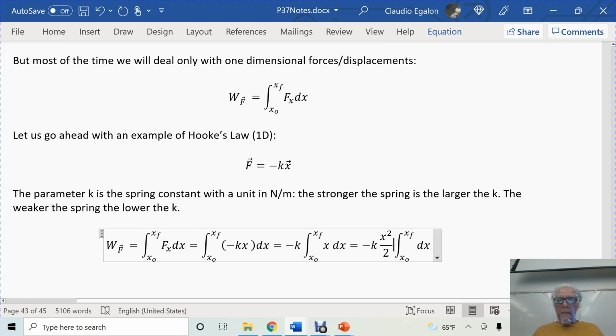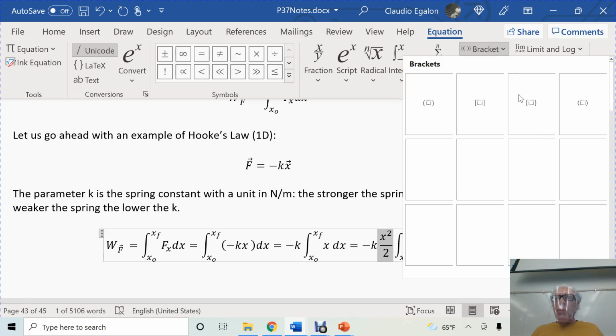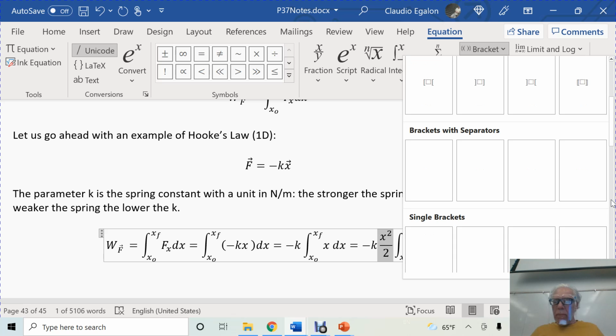And we are going to apply the limits, single brackets.